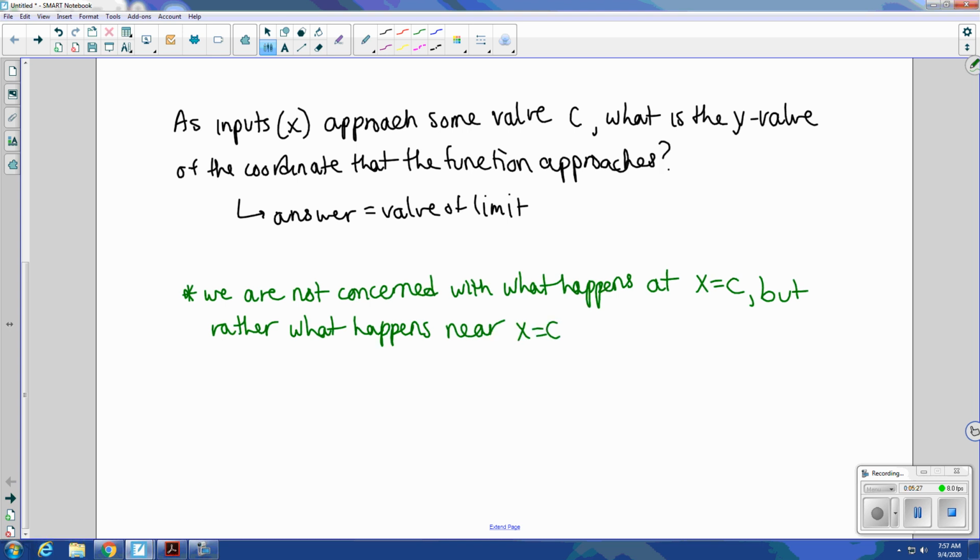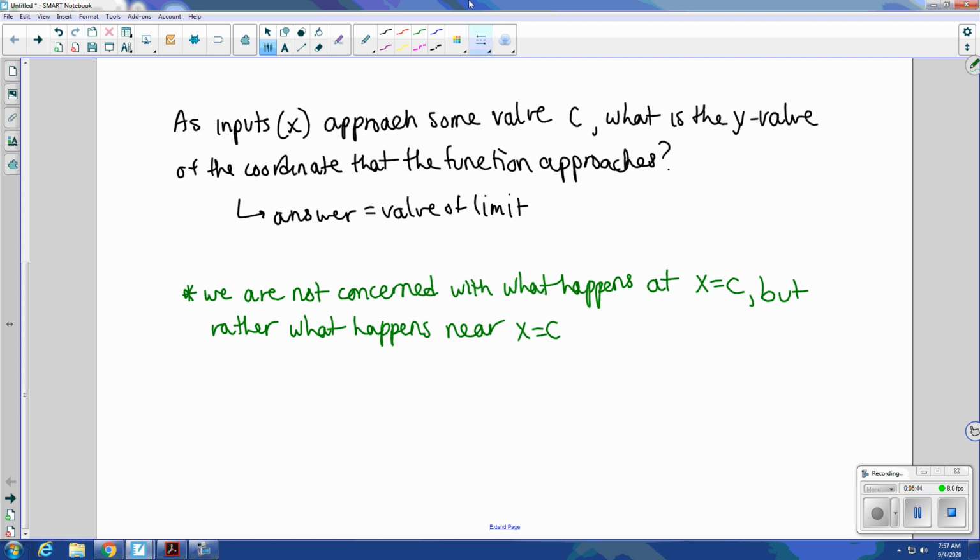So we are just all about the approach to that c value, not what the function actually equals at that c value. Because we may run across some discontinuities in our graph, and that limit still may exist. So it's all about the approach to that c value.